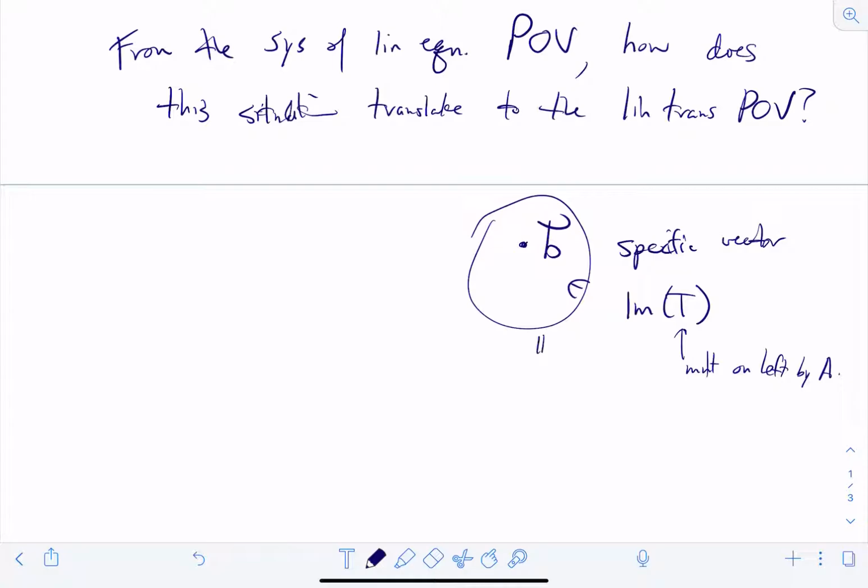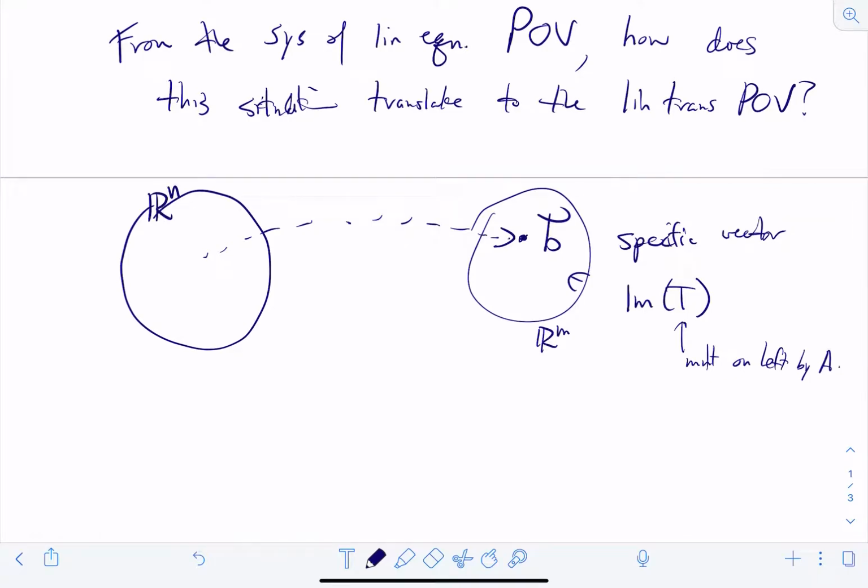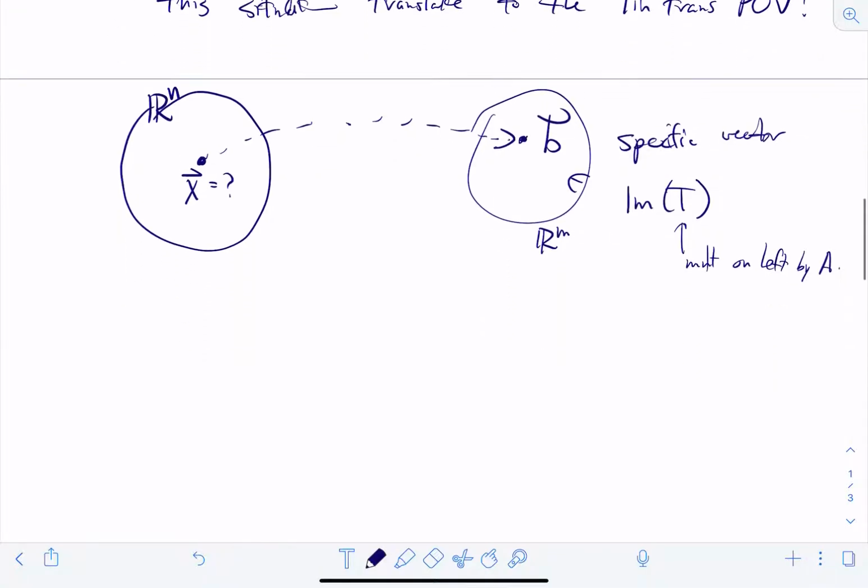So this is in Rm. You've got some specific vector in the image, and you're really asking yourself, hey, this must have come from some other vector in Rn, right? In other words, this came from somewhere. And the question is, where did it come from, right?